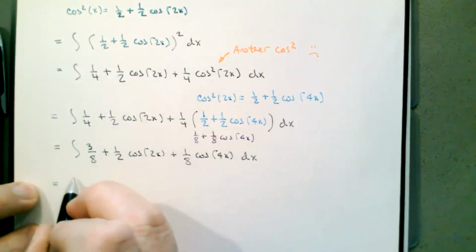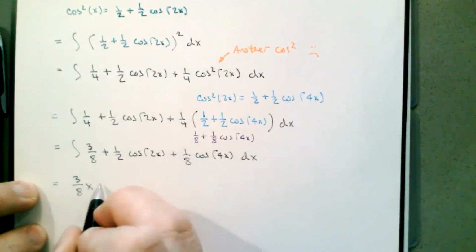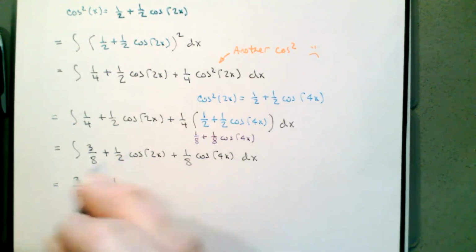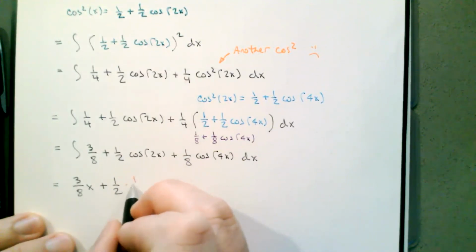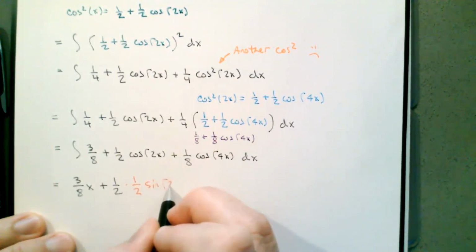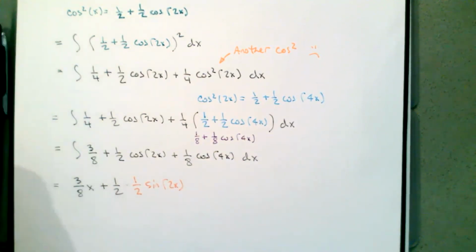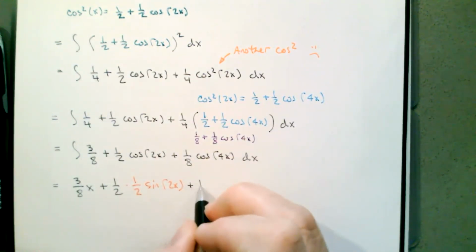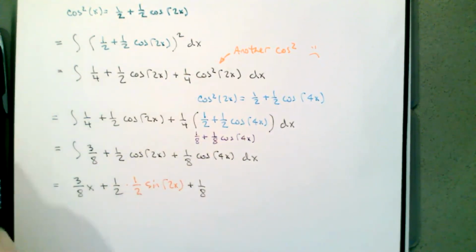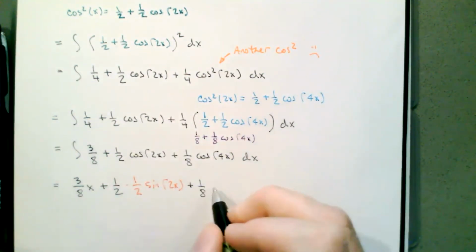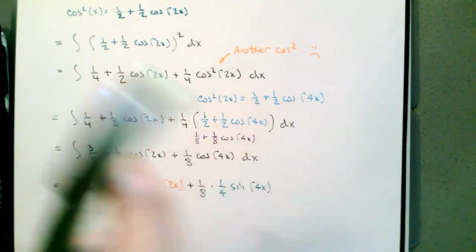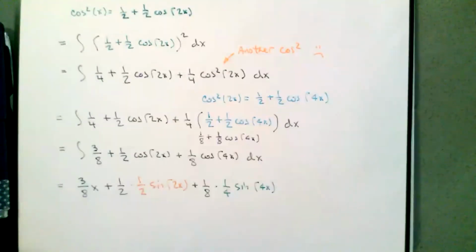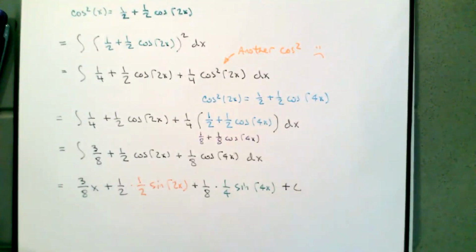So integrating with respect to x, we'll have 3/8 x plus 1/2 times the integral of cosine of 2x, which is a 1/2 sine of 2x, plus 1/8 times the integral of cosine of 4x, which is a 1/4 sine of 4x. Now that we've integrated, we can type plus c and then clean up our fractions.